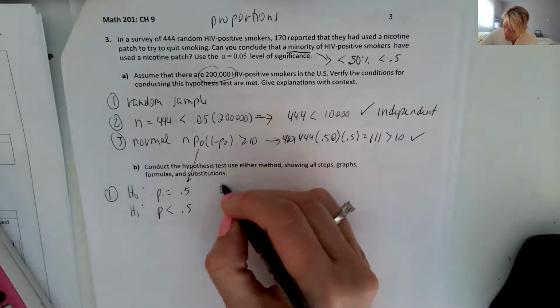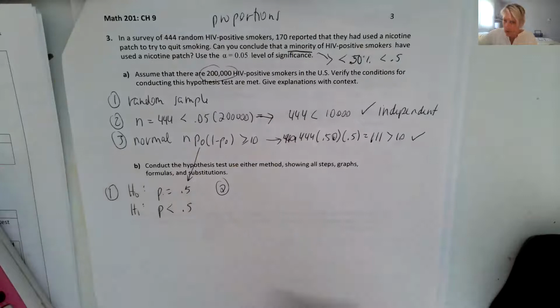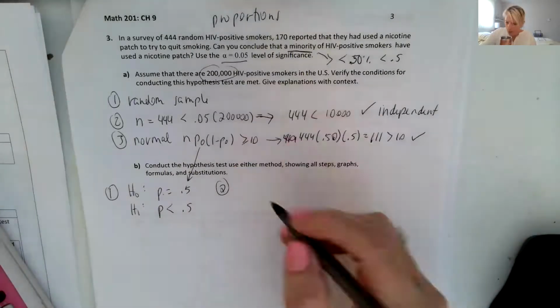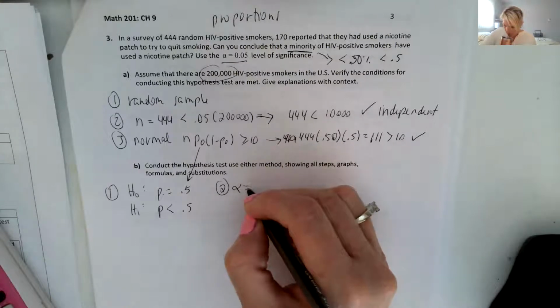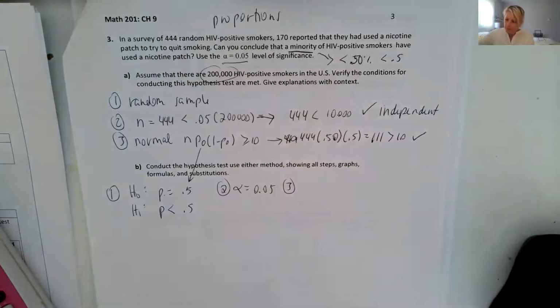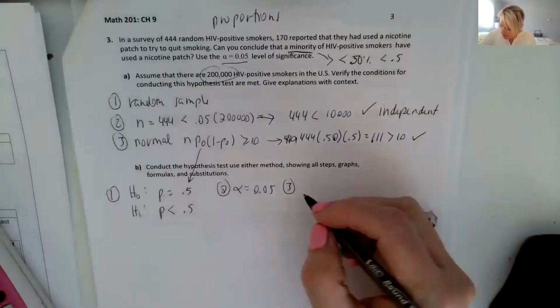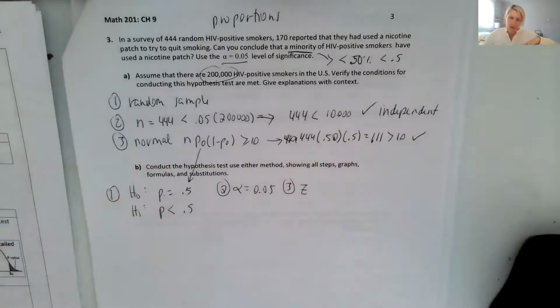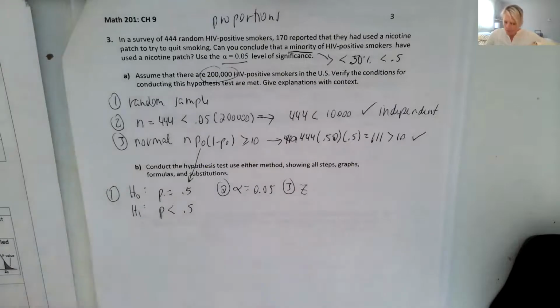So step 2, we already wrote out our hypothesis statement. So step 2 is our level of significance, which they said was alpha 0.05 this time. And our critical Z value, which we're going to get from Desmos.